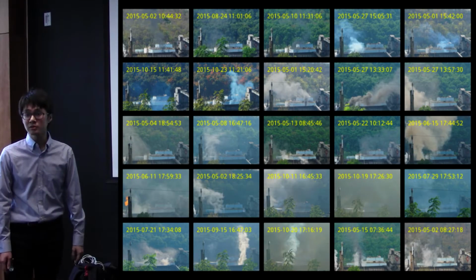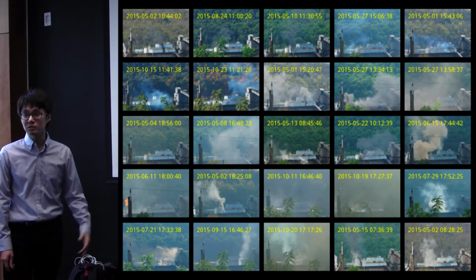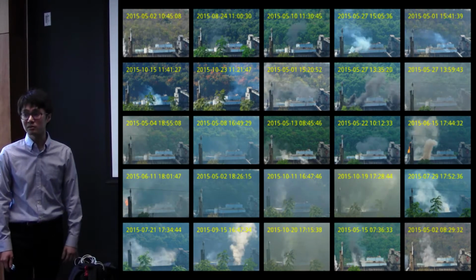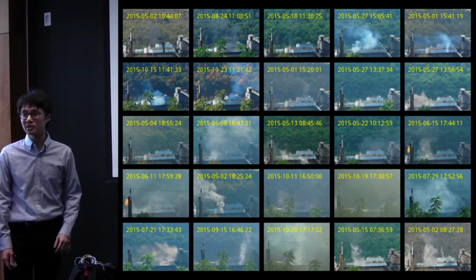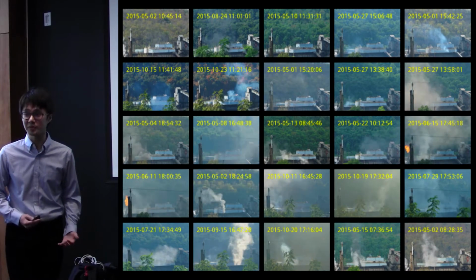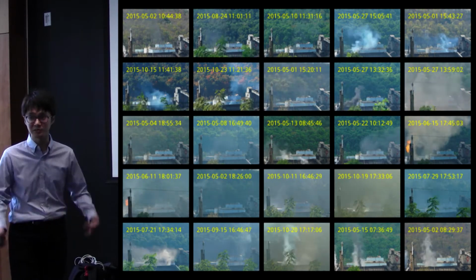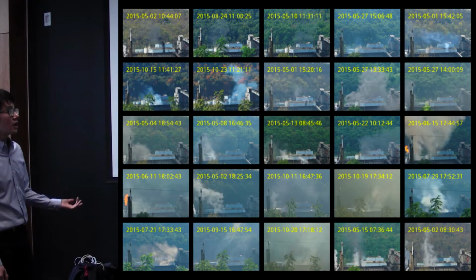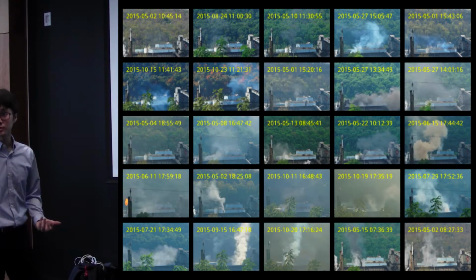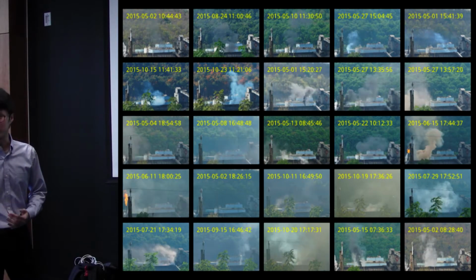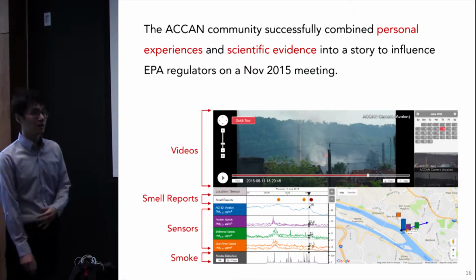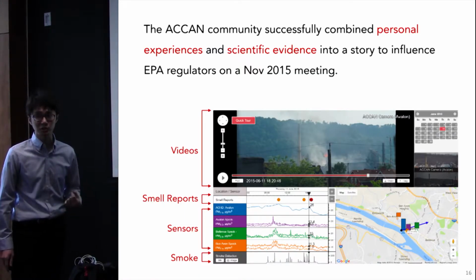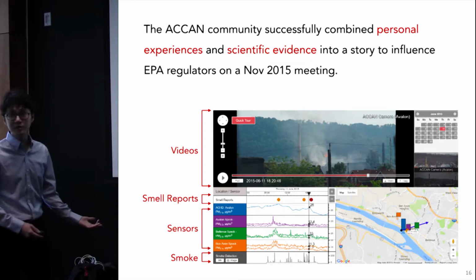At a November 2015 meeting, we projected this on a large screen in front of the EPA and ACHD, the Allegheny County Health Department, which is the health department of the Pittsburgh area. And when we project this, it actually influences the attitudes of regulators. The idea is that community members are now able to tell a story using the data.